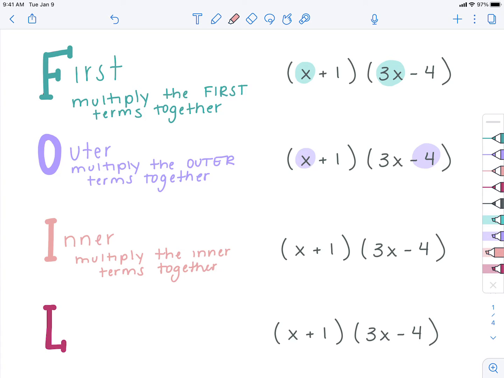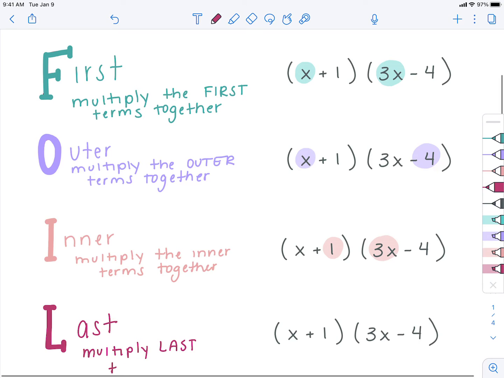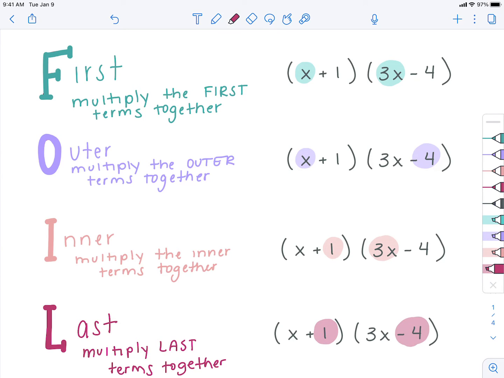And our inner terms are just the ones that are on the inside of the problem. And the very last thing we're going to do is multiply the last terms together. And the last terms are just the ones that are last in both sets of parentheses.